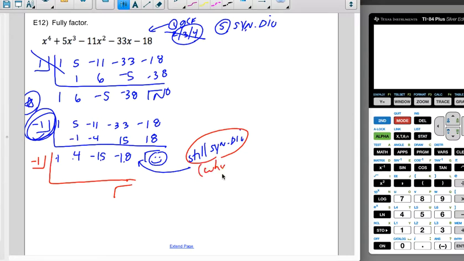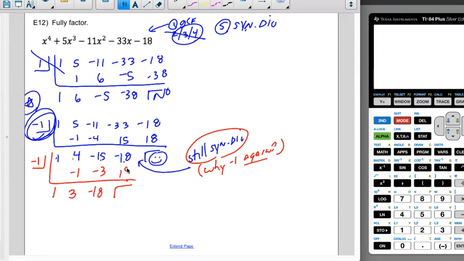So why negative 1 again? Well, we've already ruled out that 1 doesn't work, but sometimes something is a factor multiple times. So sometimes x plus 1 is a factor more than one time, so I should start with the number that I got that worked if I'm going to keep doing this. So I drop the 1 down, right? I multiply, add straight down, multiply, add straight down.